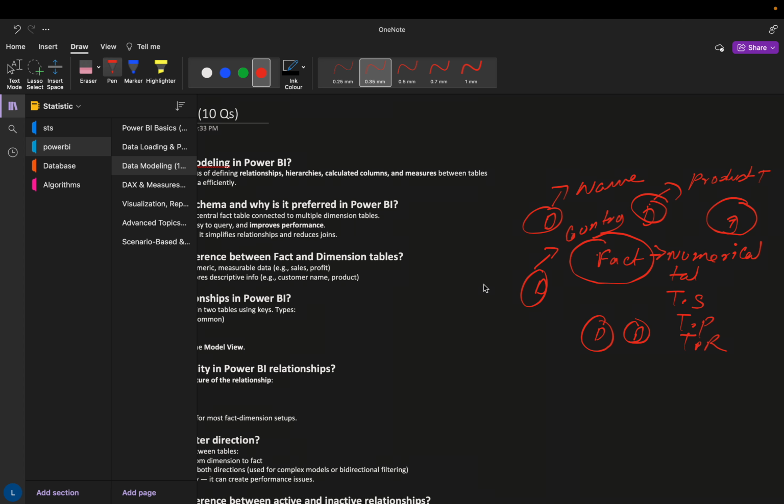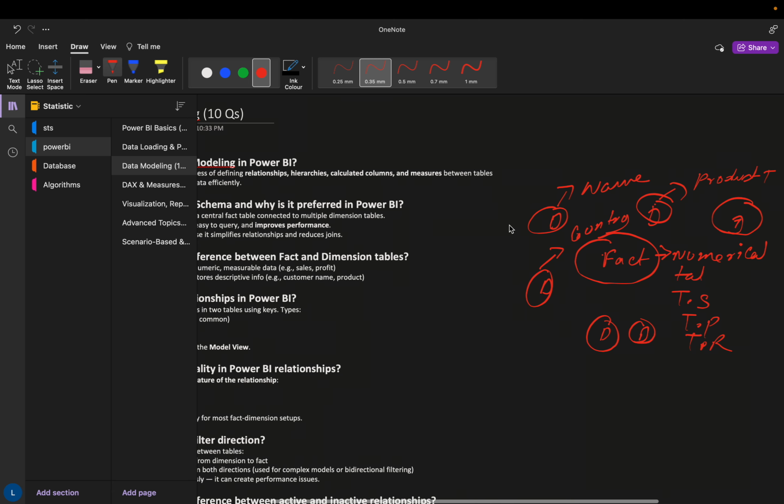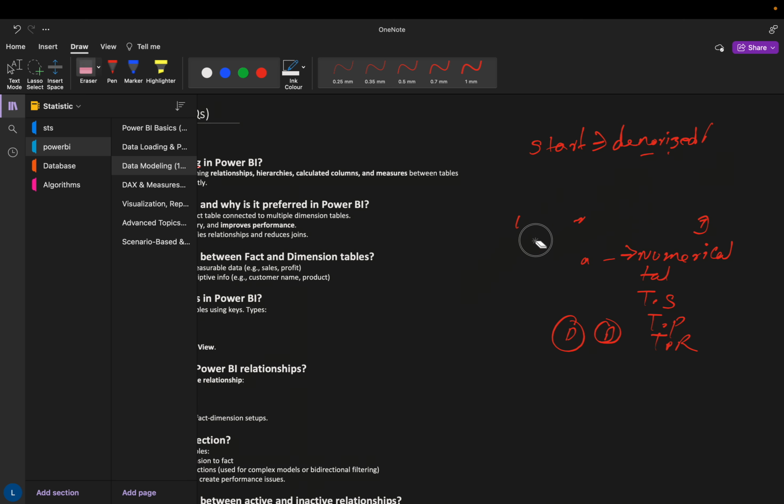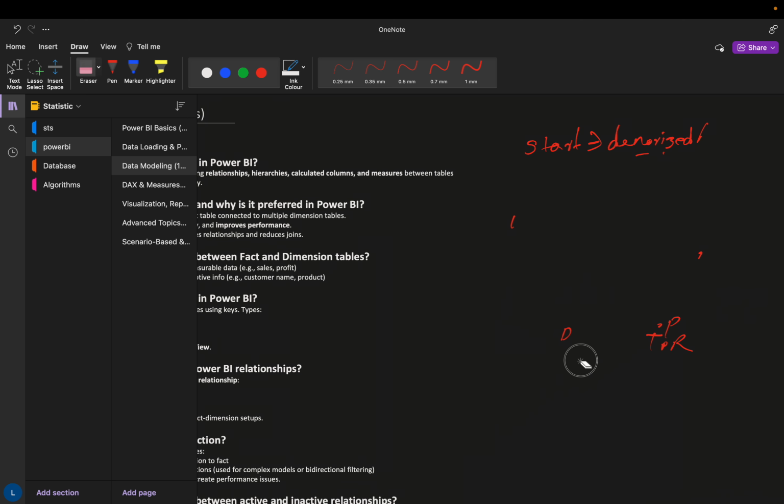Well, speaking about this star schema, normally in star schema we have a denormalized structure with fewer joins, which helps us perform faster queries. Star schema is denormalized, which means fewer joins.